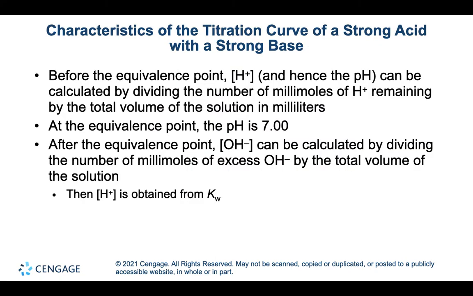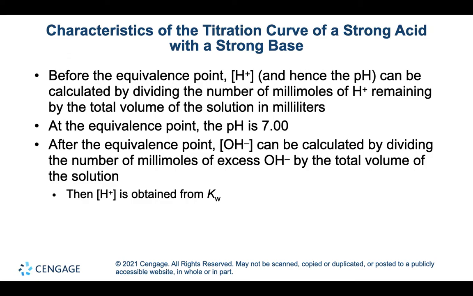So your moles of remaining H plus, because you can assume that every mole or millimole of OH minus is going to neutralize a mole or a millimole of H plus. So it's actually stoichiometry. The H plus and the OH minus reaction goes to completion. There is no equilibrium to calculate.